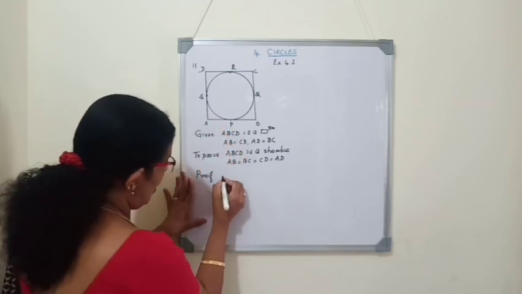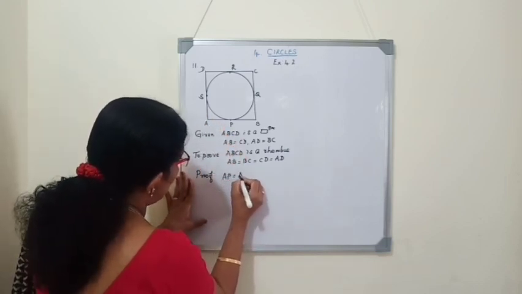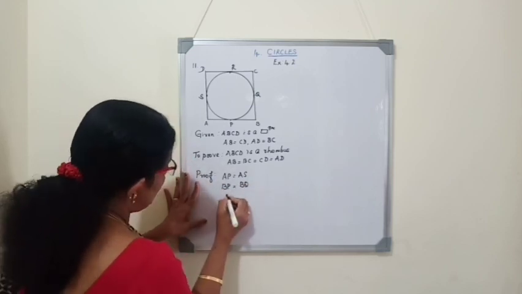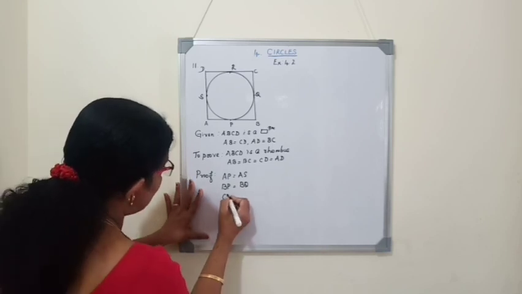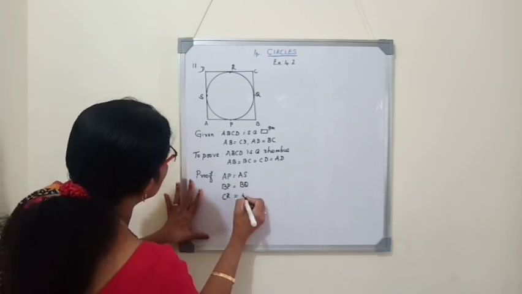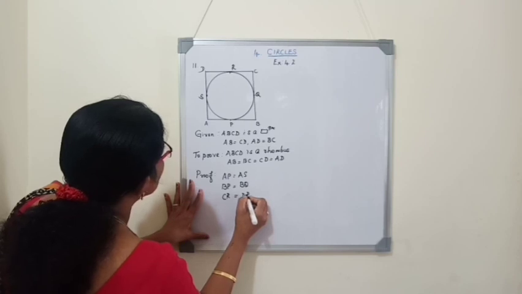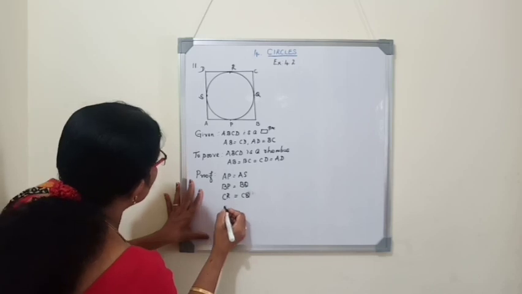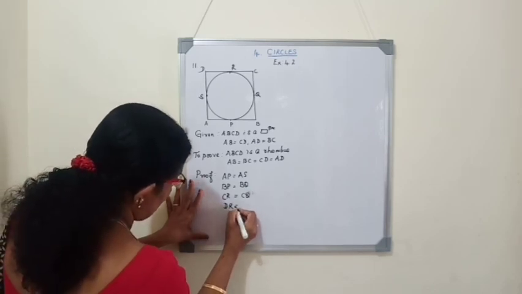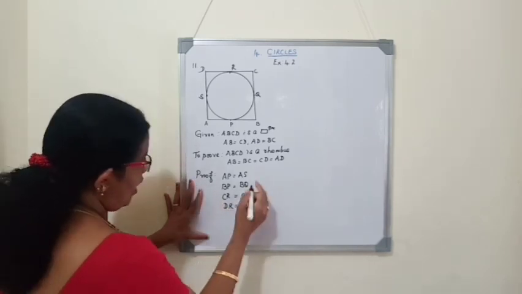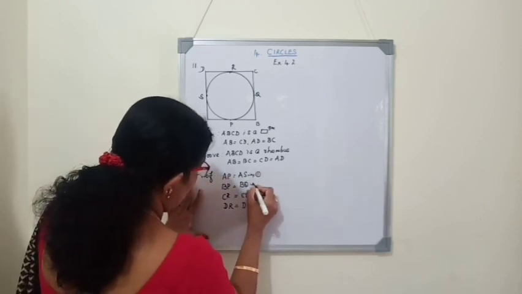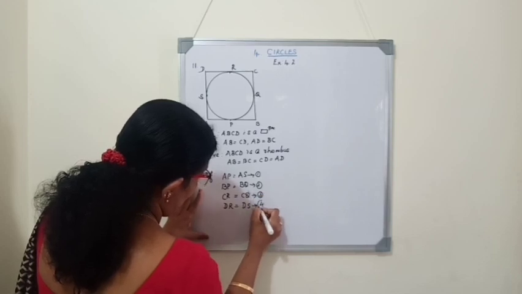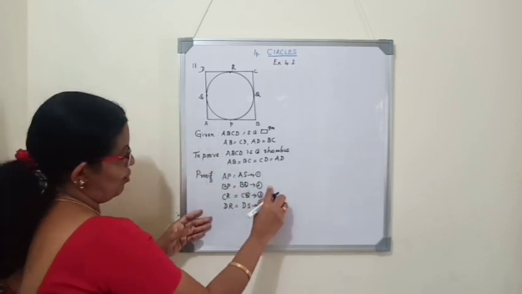So AP equals AS, BP equals BQ, CR equals DR, CR equals CQ, and DR equals DS. We'll write it as equations 1, 2, 3 and 4. All these because of theorem 2.